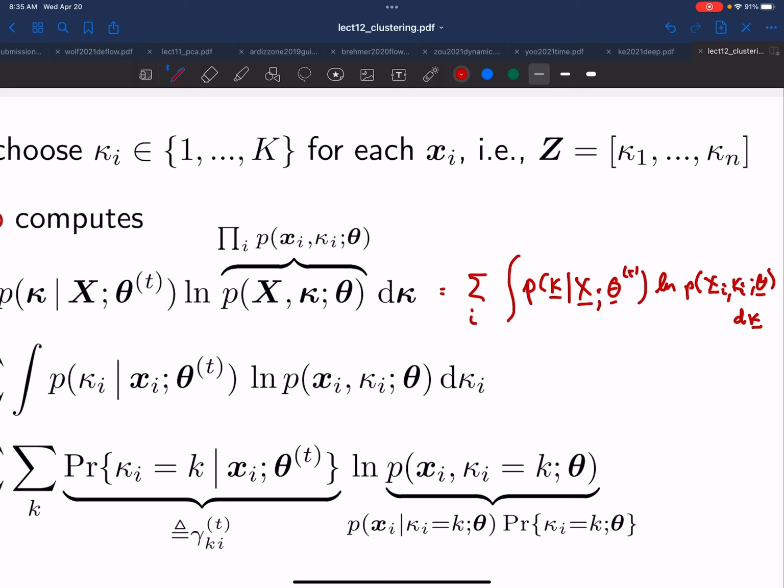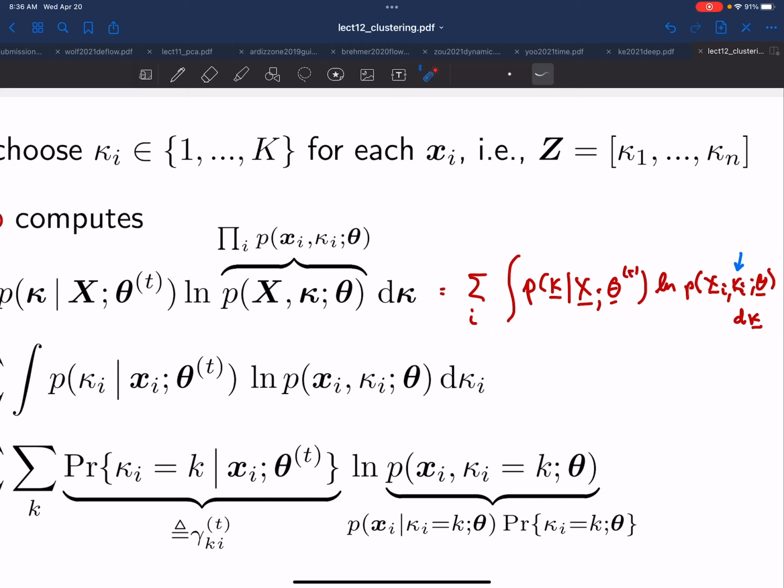But we can simplify things a lot here, because when you look at this integral over all the kappas, only one of those kappas is involved here. If I think about all the kappa j not equal to i, this term doesn't exist for them, and all you have is the rest.